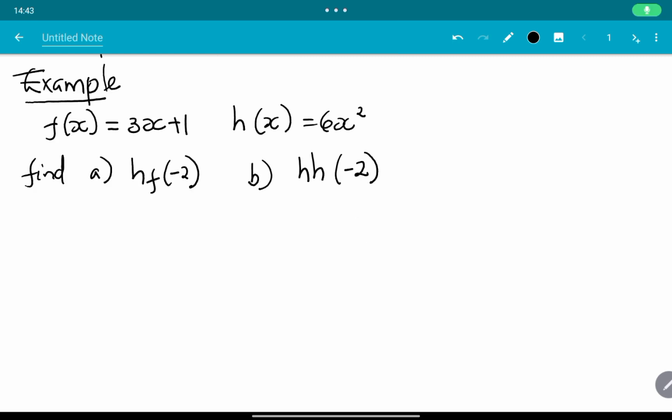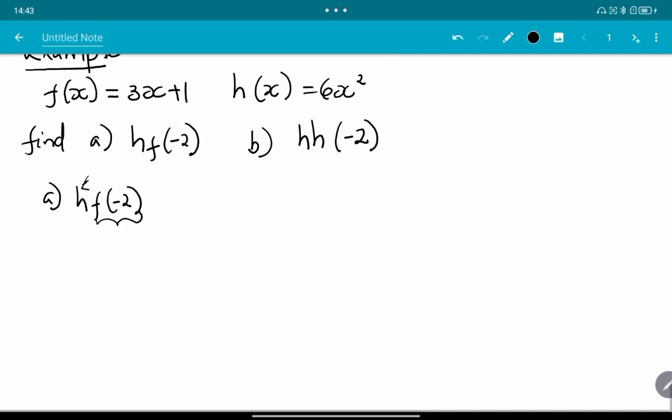So when we talk of h of f, beginning with h of f of negative 2, it simply means we will be replacing f of negative 2 in h. But before we do that, let's handle f of negative 2 first.